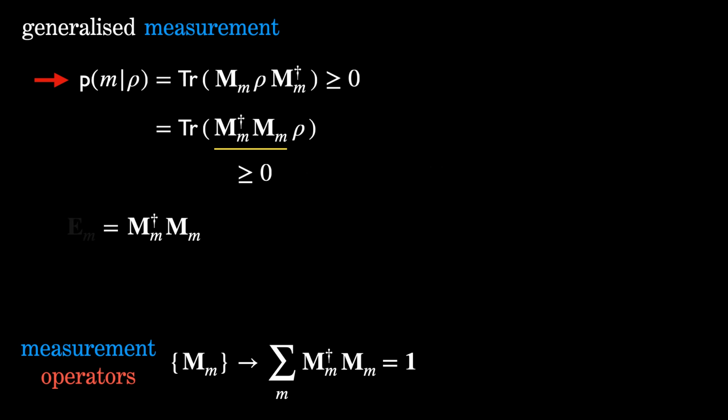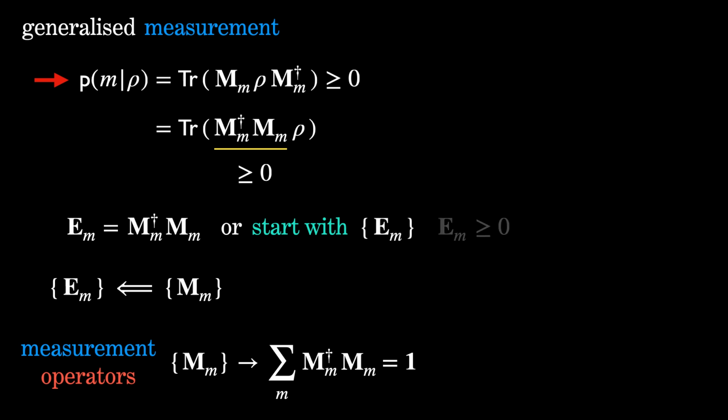Let's denote these operators as E_M. They follow naturally from the measurement operators. On the other hand, we could have started with a set of positive operators directly. These would also give us a set of positive numbers, which could be interpreted as a set of probabilities using the trace formula above.